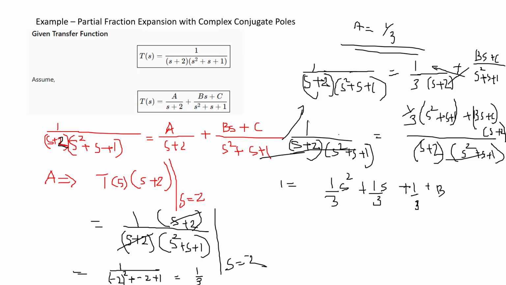So it is bs square plus 2bs plus cs plus 2c. Now, to find out the remaining values, you have to equate the like powers of s. This is the main point. You're going to equate the like powers of s.